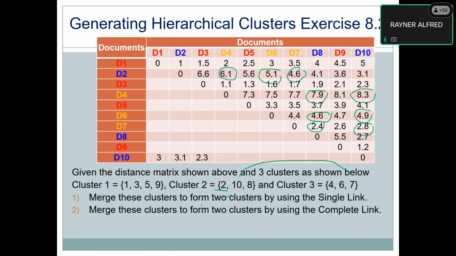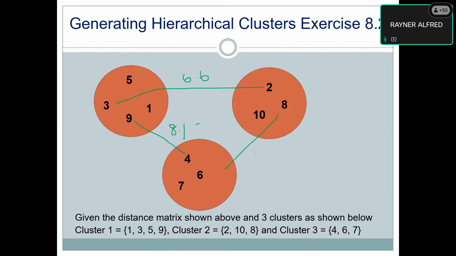4 going to 2, we have. Okay. So the largest value would be 8.3, which is this one. So the distance here is 8.3. So we can assume that the distance between the clusters obtained is using the maximum distance between two documents belonging to two different clusters.